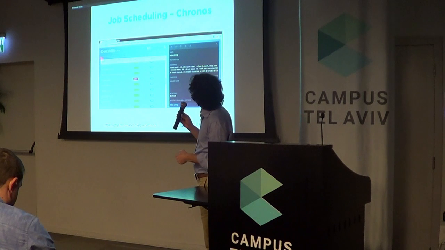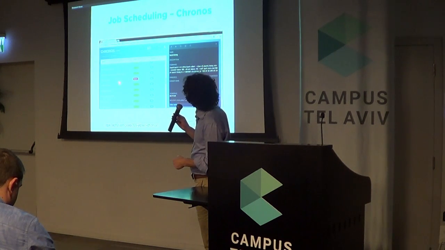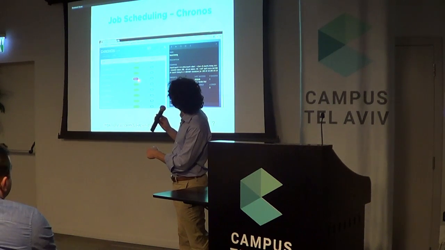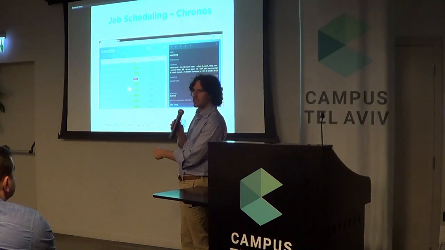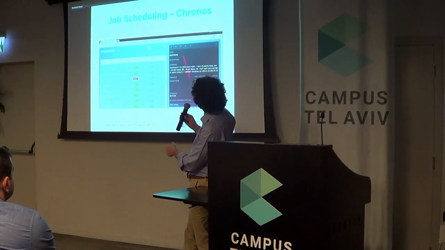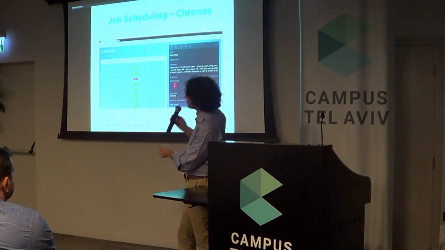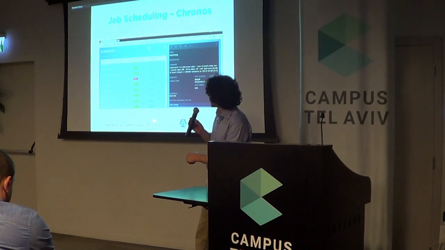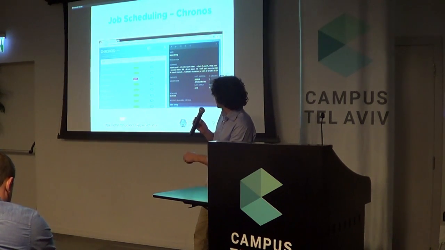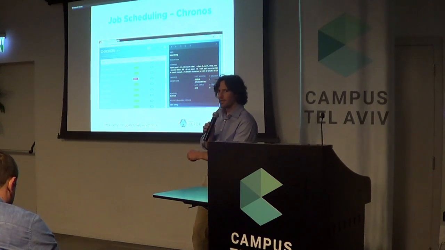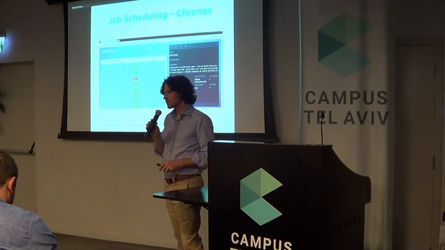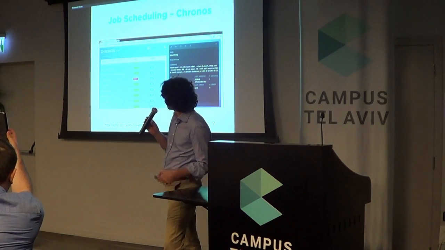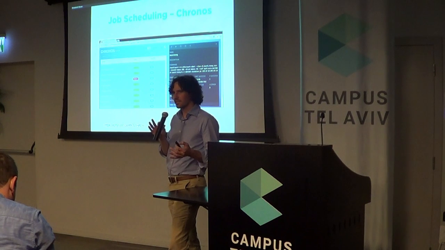We use Chronos for scheduling. It's all right. It shows you a list of your jobs, which ones have failed. You can drill into the job and get the command and a little more information. You can click here and run the job manually. If you're interested, you can check out this blog post by Kyle Kingsbury. He looks into the problem that Chronos actually likes to stop scheduling your jobs if it has a network partition.